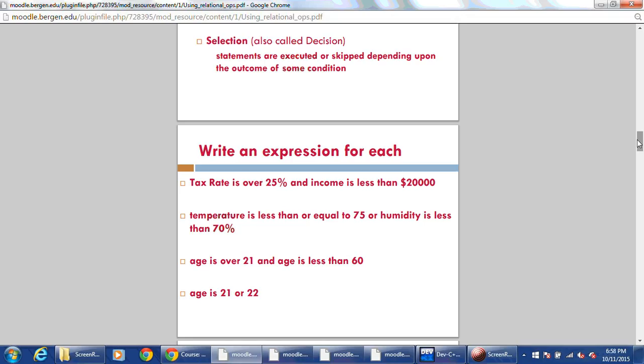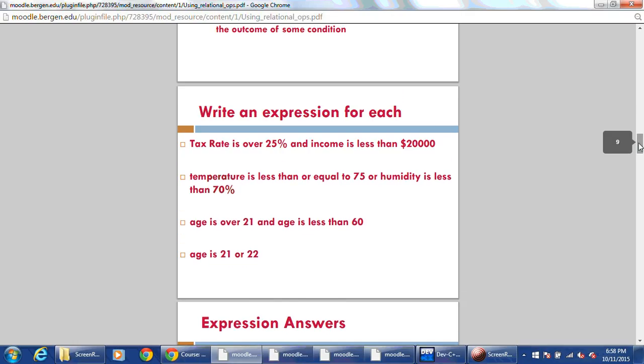Let's take a look at some of the examples for the operators. These are real world problems, so I'm asking you to write an expression for each. Tax rate is over 25% and income is less than 20,000.